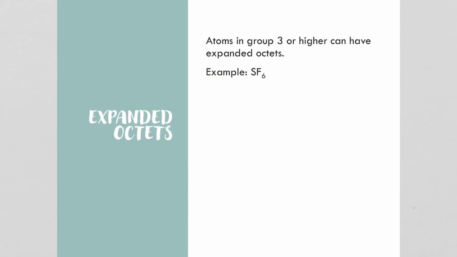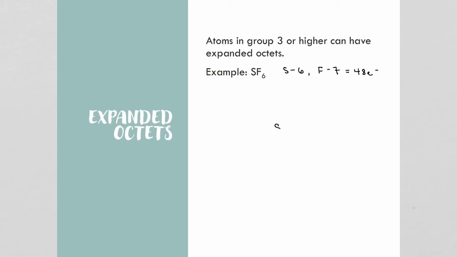So expanded octets, so atoms in group 3 or higher can have expanded octets. So an example that we'll use is sulfur hexafluoride. So sulfur has 6, and then fluorine each has 7. So that gives us 48 electrons to distribute.